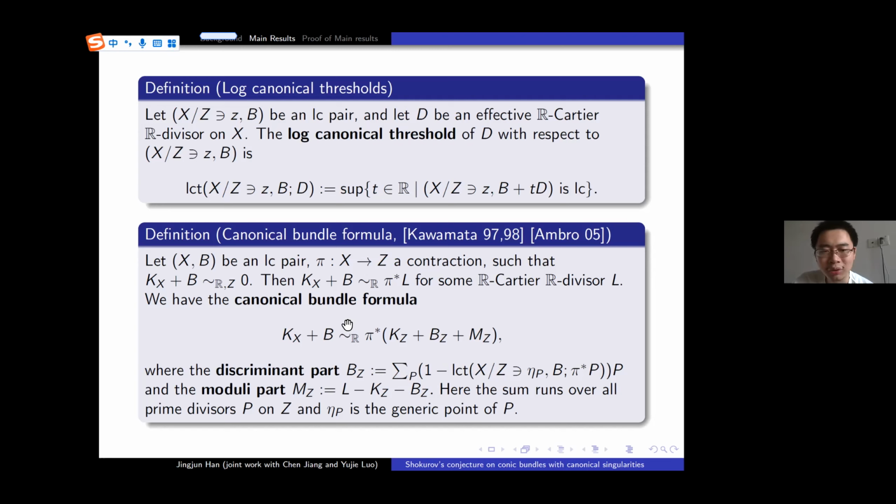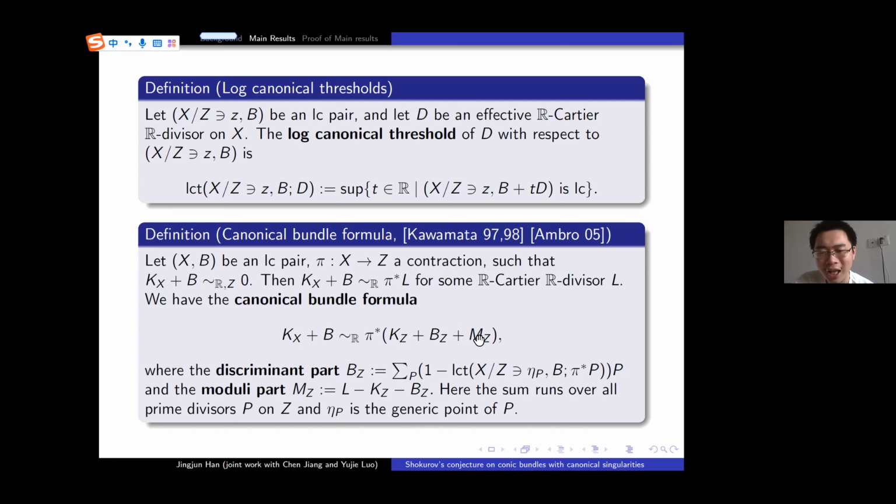The advantage of introducing the canonical bundle formula is that, for example, if (X,B) is log canonical, then we make sure that the singularity of (Z, B_Z + M_Z) is also log canonical, if we regard it as a generalized pair. Also, by a conjecture of Shokurov and Prokhorov, the so-called B-semiampleness conjecture, they predict that the moduli part M_Z is B-semiample. This means that on some high model of Z, where we can also define M_Z, M_Z is semi-ample.